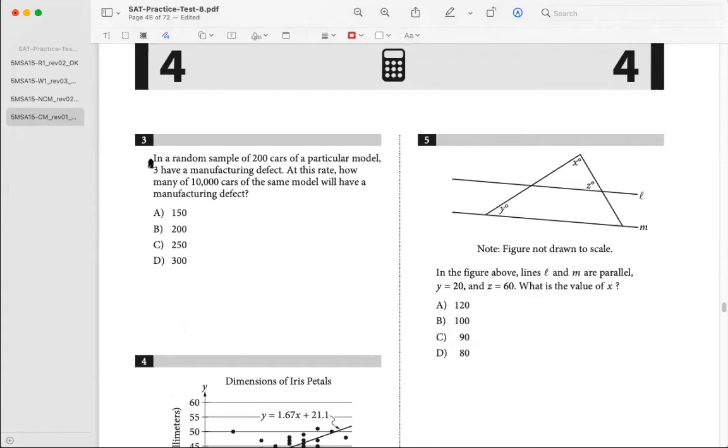Okay. In a random sample of 200 cars of a particular model, three have a manufacturing defect. At this rate, pretty much all you do for this is set proportions. It could be 3 out of 200 equals X out of 10,000.